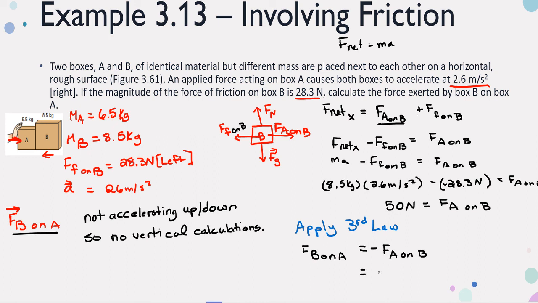So it's equal to negative 50 newtons or 50 newtons left. So it seems counterproductive to solve for the opposite of what you're solving for, but you're solving for what you can given what you've been given, and then you're just flipping the opposite of it by applying the third law.